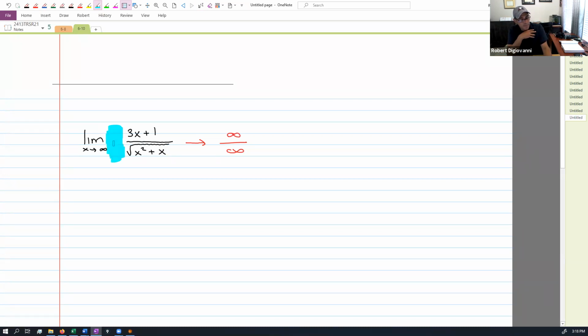But that's the tricky part to this problem. So pay attention to this. I'm still going to identify the highest power of x I see here, which is x squared. But I am not going to come through with 1 over x squared on the top and bottom. The reason why is because I have a square root in my way.